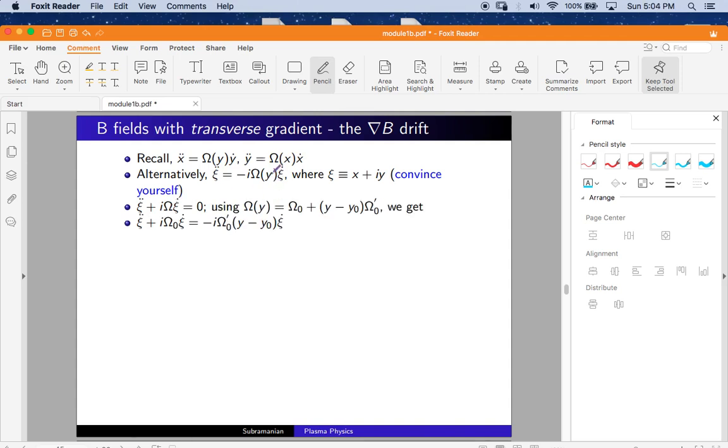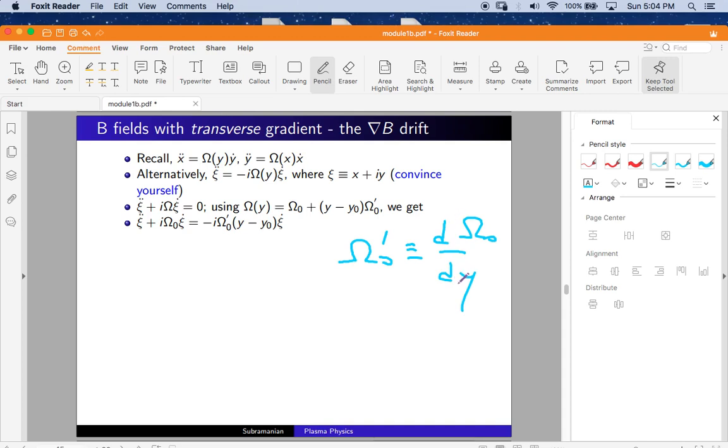Okay, and now as we discussed before, we are going to perturb omega, right? As a weak function of y in the following manner, and where omega naught is just like that. You're going to let omega vary only as a function of y.